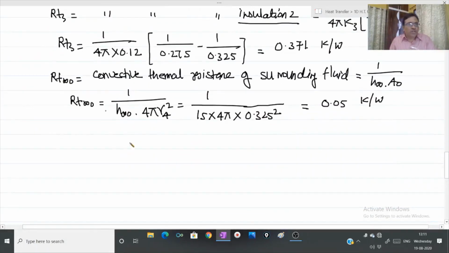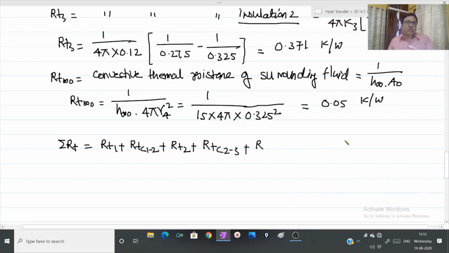So let us calculate total thermal resistance, summation of RT: RT1 plus RTC12 plus RT2 plus RTC23 plus RT3 plus RT infinity O.